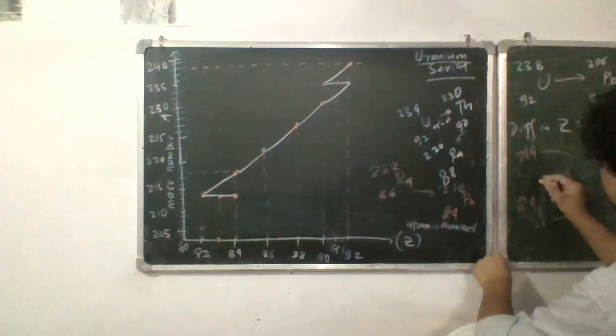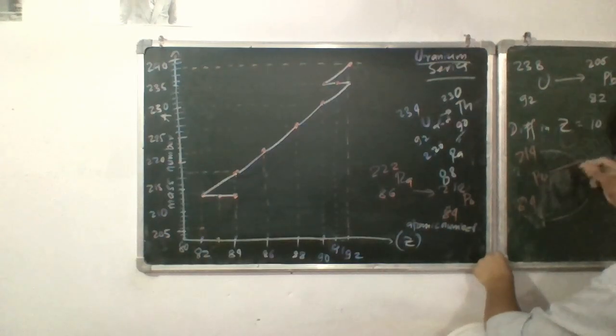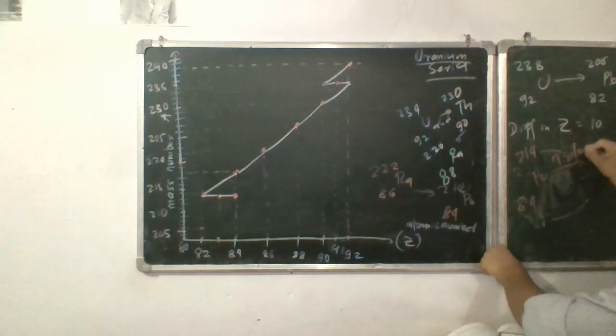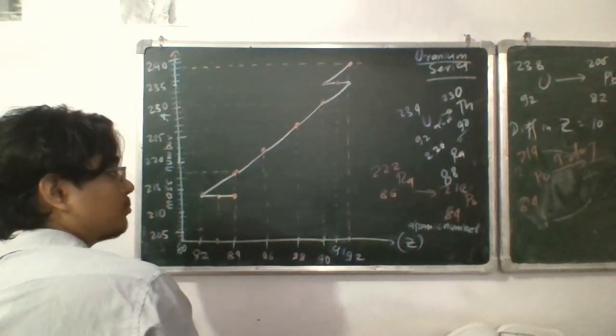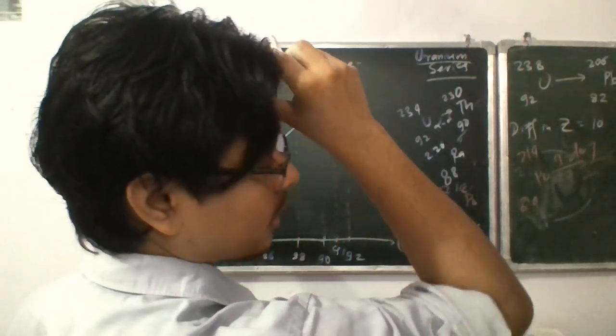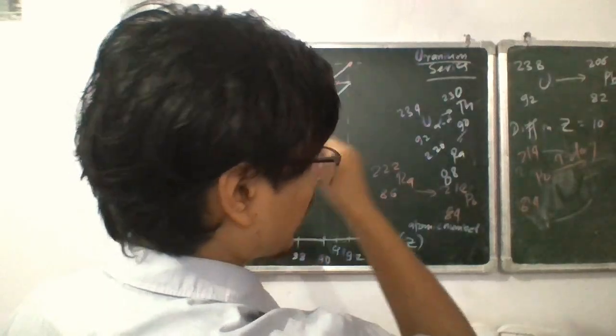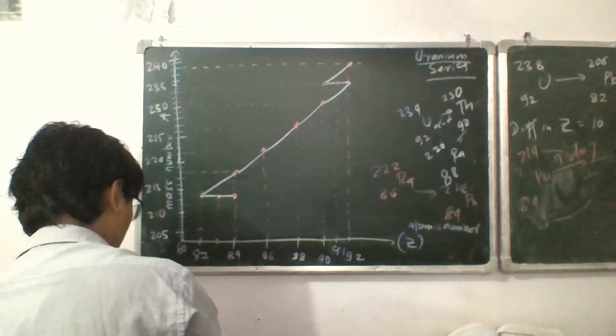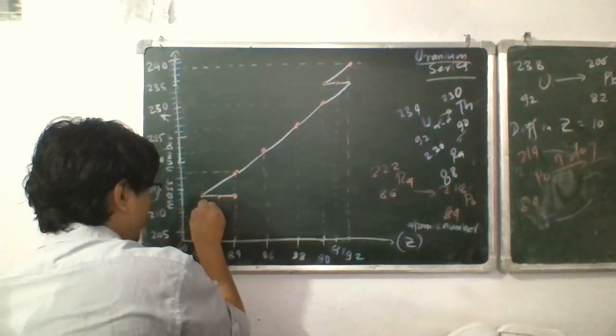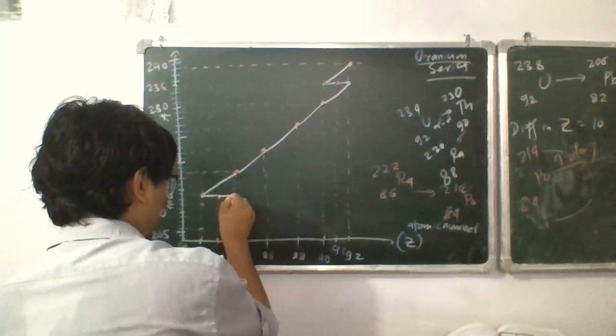So 84 means polonium would do alpha decay. So alpha decay would result into 82, 82, but the value of the atomic mass would be 212. So it would get 212. So this is the value. So 212, and this is here.